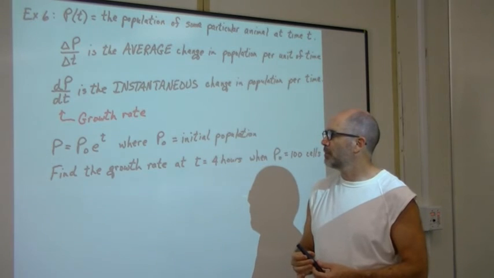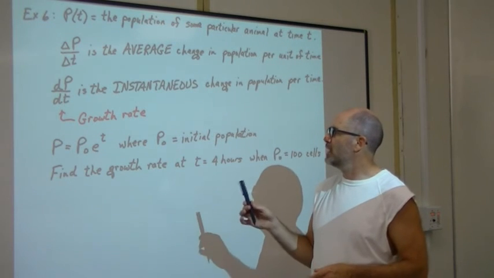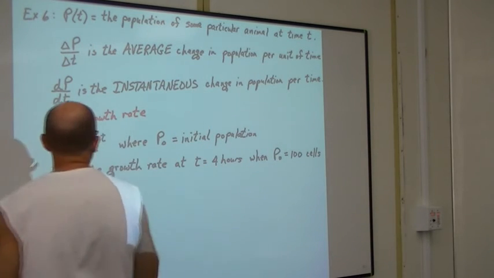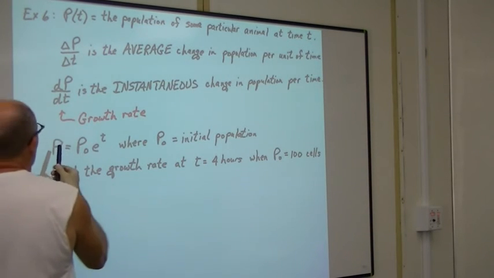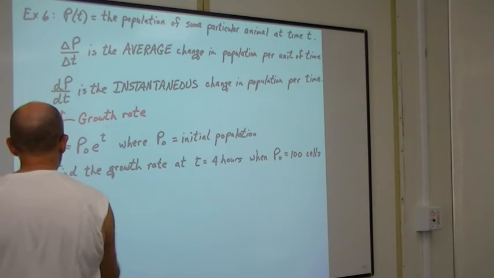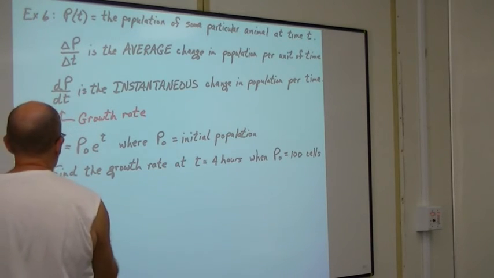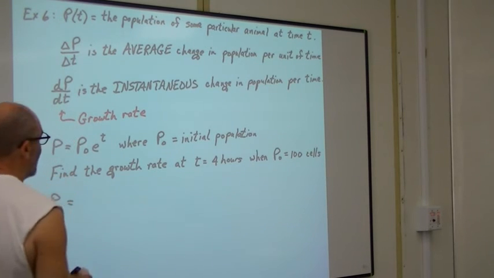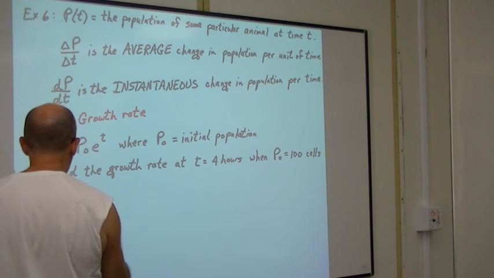So let's just plug in what we know. The population at time 0 equals 100 cells.